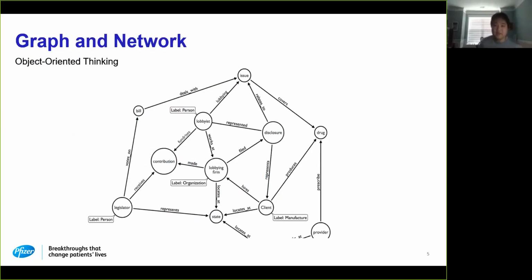Graph data really helps with performance. It's really index free. It has the index-free property because each vertex maintains information about its neighbors and is always constant with respect to the data size.